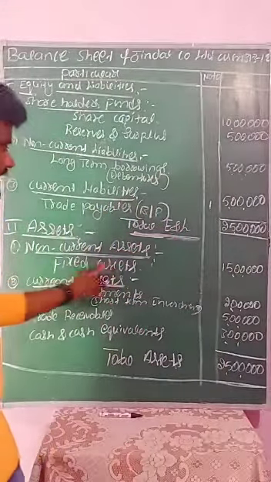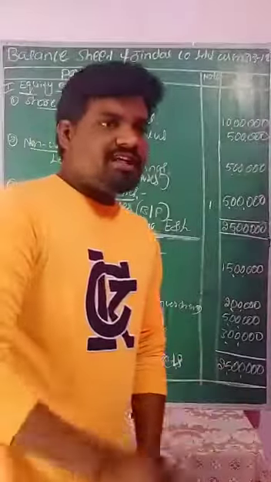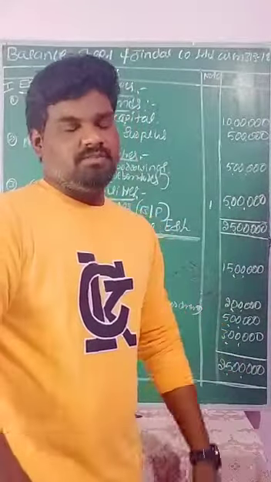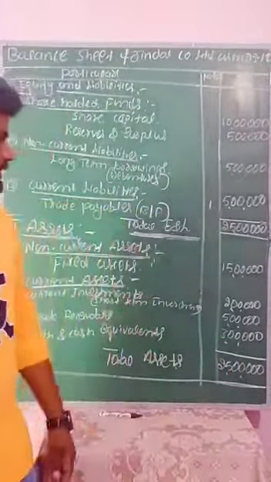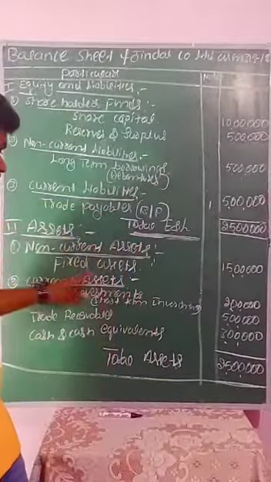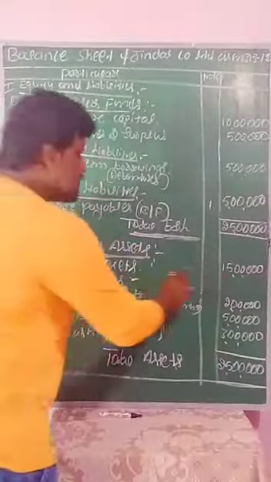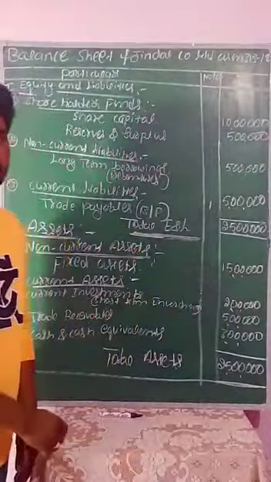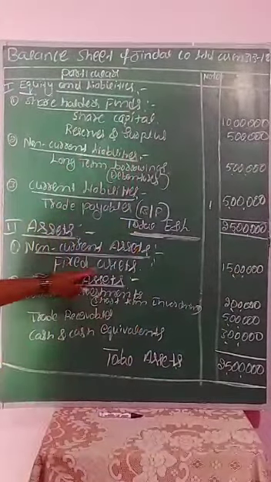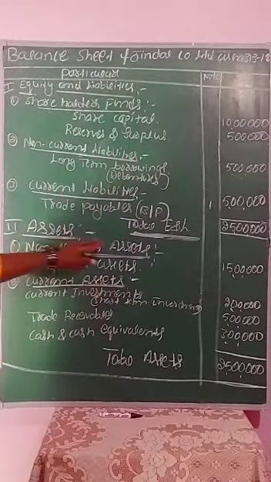So for the fixed assets, in the question they directly give 15 lakhs rupees. In such a situation, directly we can record the fixed assets value, 15 lakhs rupees, under the non-current assets.